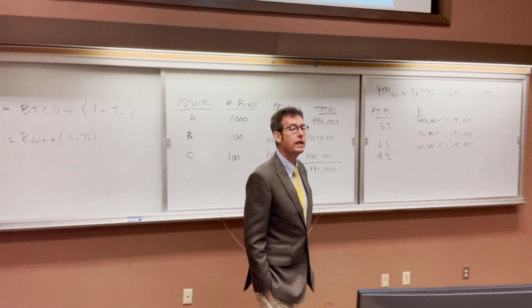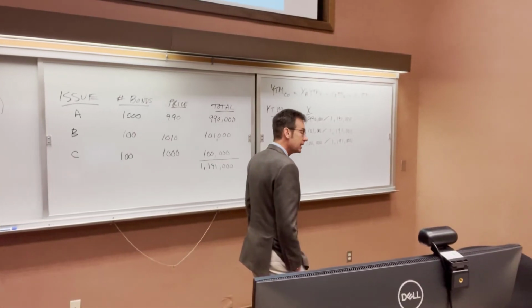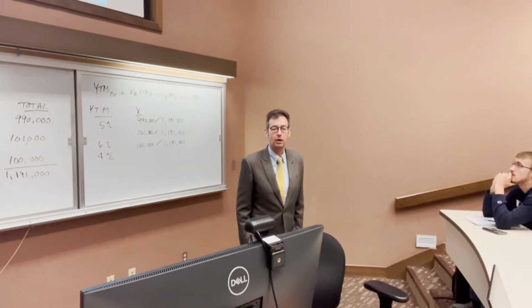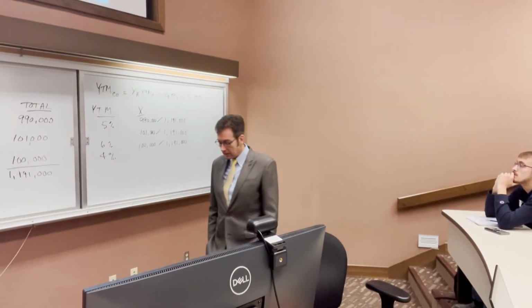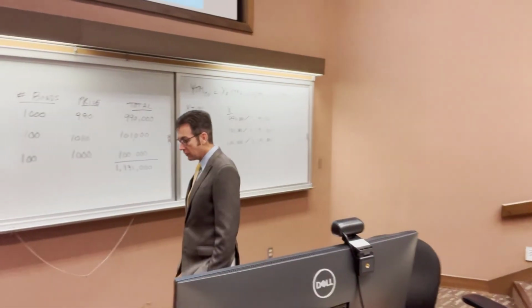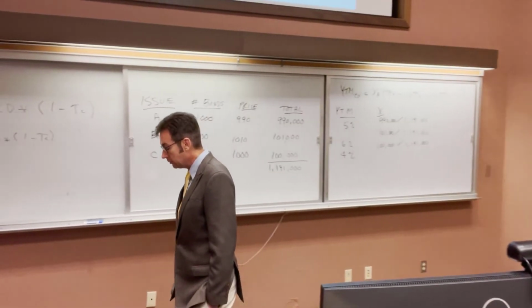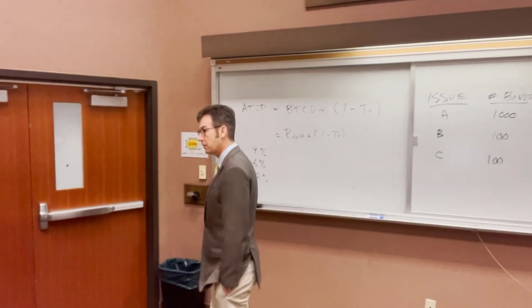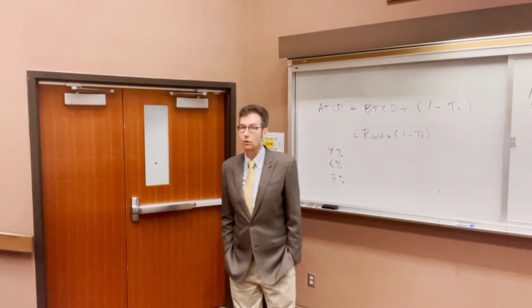So our weighted average flotation cost is 10%. Now, here's the problem. You need to raise 100 million. If you go straight out there and just raise 100 million and your weighted average flotation cost is 10%, how much money are you actually going to get in your hands?